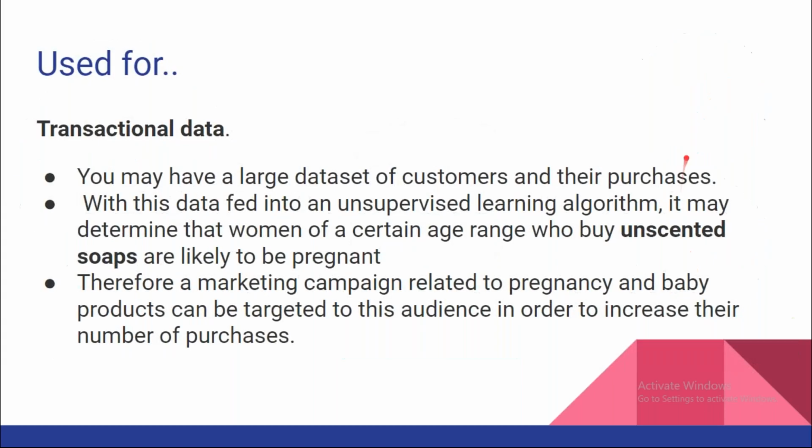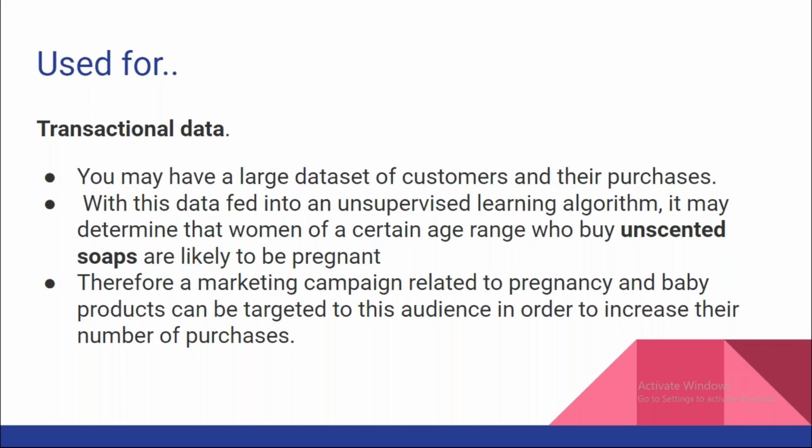So then what exactly has it been used for? It has been used for a lot of transactional data. If you have a large data set of customers with their purchases, for a human being it's very tough to find the patterns in that transactional data, or to even read the whole data.